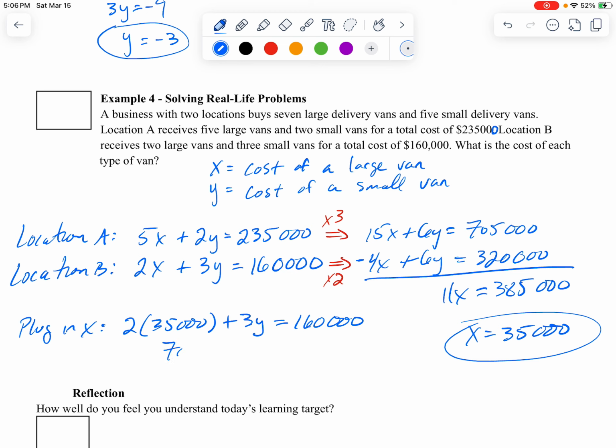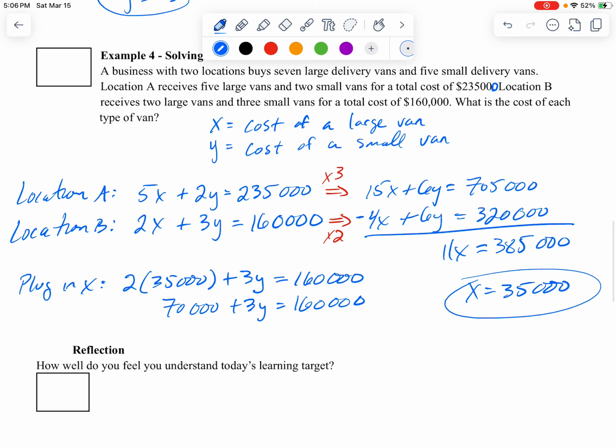So 70,000 plus 3y. The math isn't that bad. There's just a lot of writing because we got really big numbers. When I subtract 70,000 from both sides, 3y equals 90,000. Divide by 3, y equals 30,000, which would be the cost of our small vans.